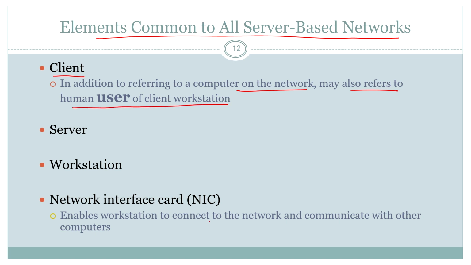So, the word client can mean two things: a computer on the network, such as a desktop computer, a dedicated lower level computer, or a human using the computer on the network.